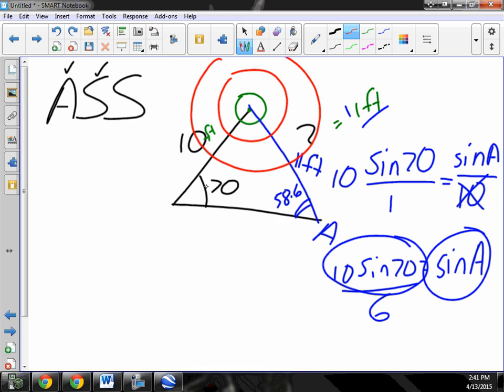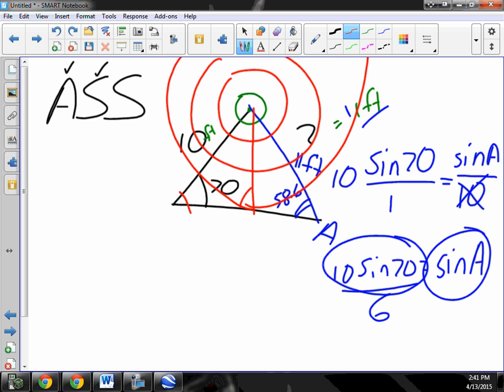There is one triangle that hits exactly once, in which case this angle and that angle would be the same size. It's an isosceles triangle. My picture's bad, so don't trust my pictures. It doesn't matter because it's not going to happen.